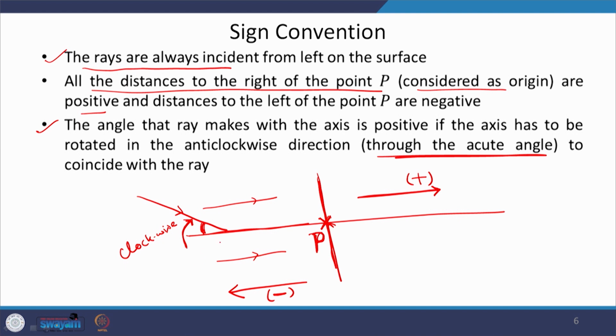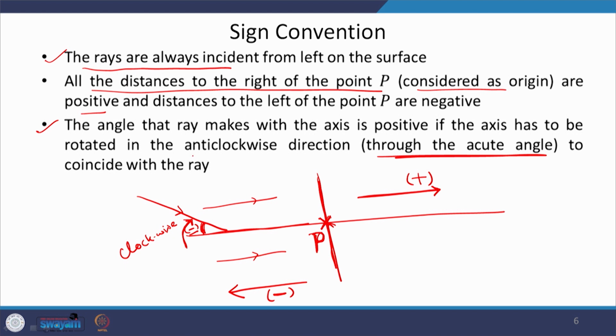Now, again I read this statement: the angle that a ray makes with the axis is positive if the axis has to be rotated in the anti-clockwise direction. Now, you see that here the rotation is in the clockwise direction, instead of anti-clockwise. Therefore, this angle would be represented as minus.